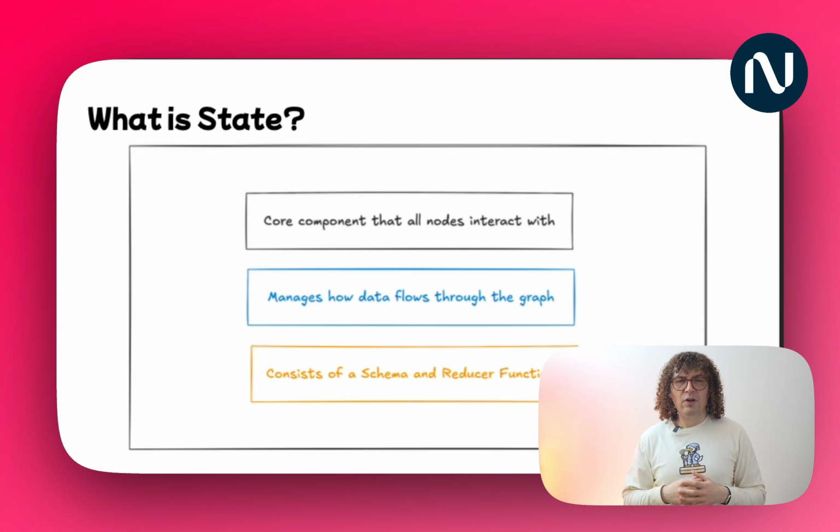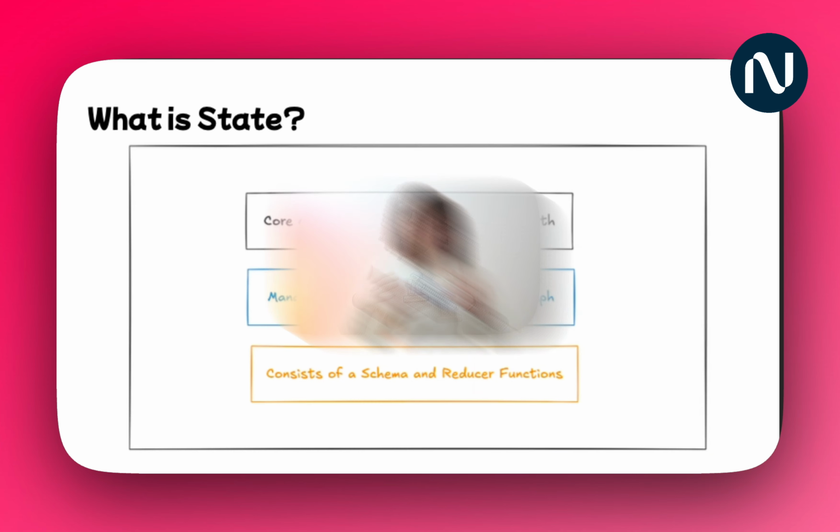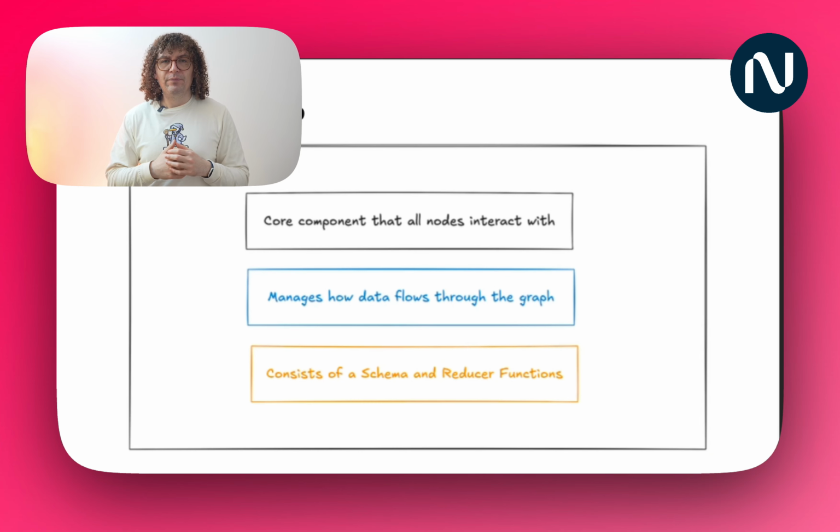So first, what is state? It is a core component that all nodes interact with. It manages how data flows through the graph. The state consists of a schema and reducer functions.